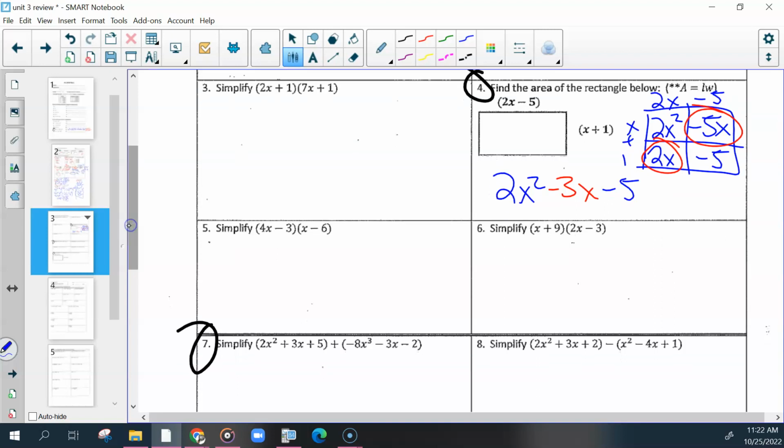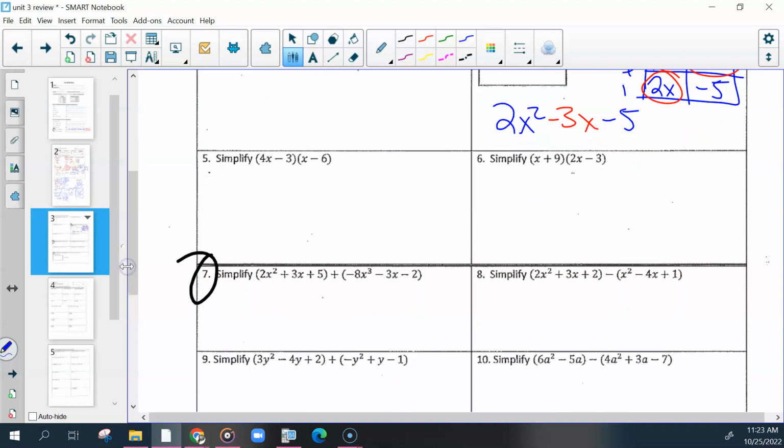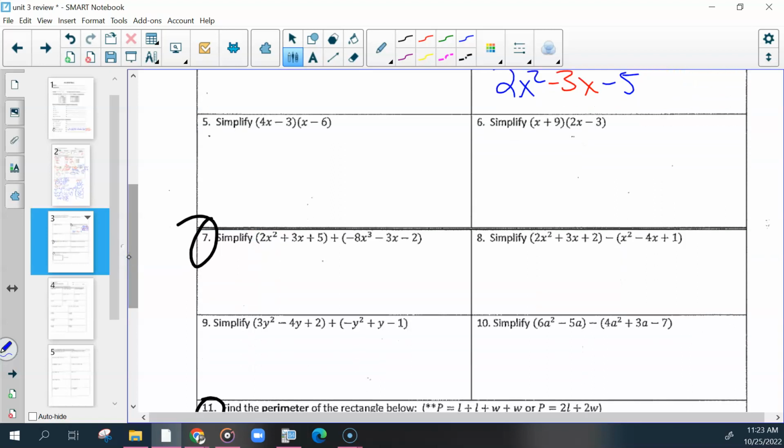Alright, number 7. What is the operation we're doing? What math operation do you see between the two? Adding. So if we are adding, we are just combining like terms. So find those like terms. Here we don't have another x squared and we don't have another x cubed, so we have to write this in standard form, negative 8x to the third plus 2x squared.